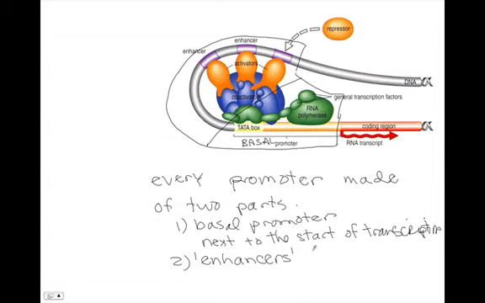And so we might call it the distal promoter. And the distal promoter is far away from the gene. This region here could be long distance. It could be thousands of nucleotides.